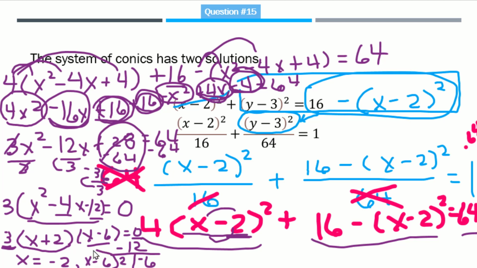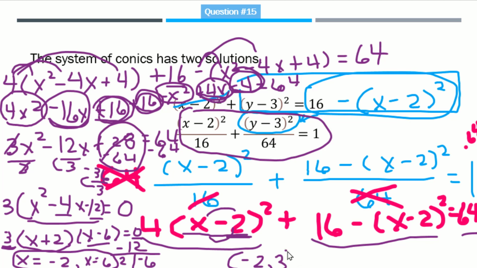Now those are the possible x coordinates. So I'm running out of room here. But basically, and I've written over my equations, you pick one of these, substitute in negative 2 for x, and when you solve for y, you get y equals 3.